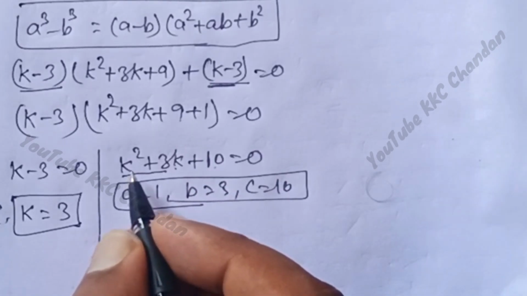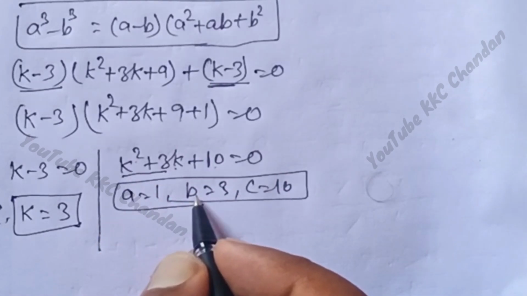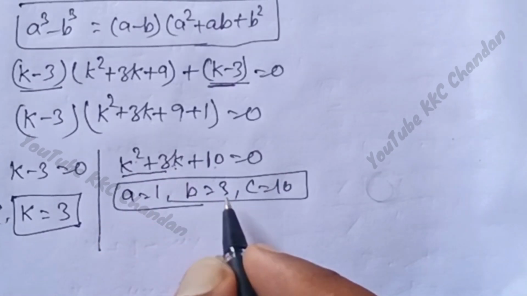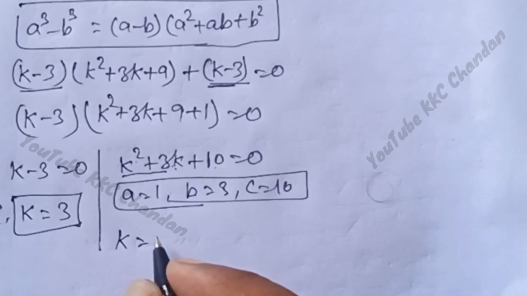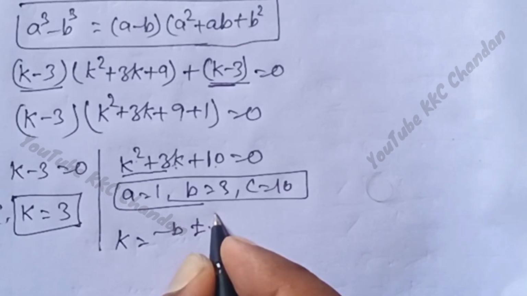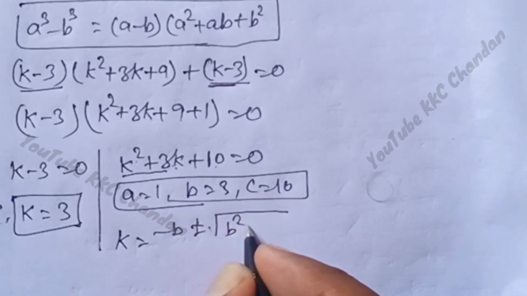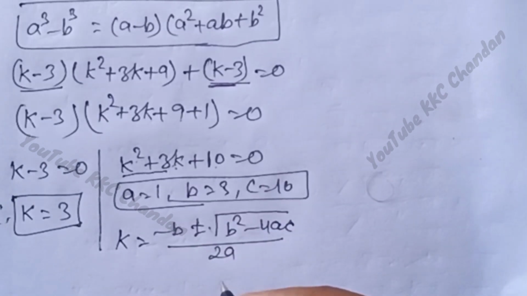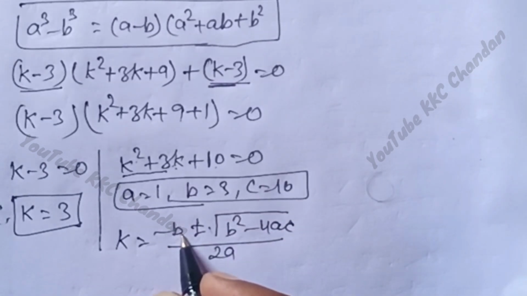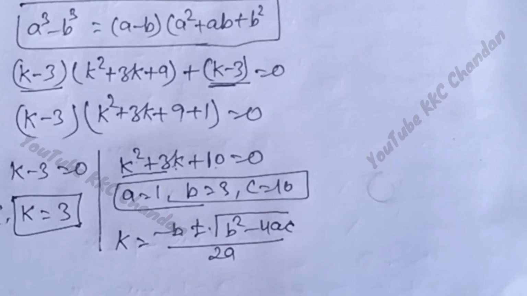So a means k square value 1, b means 3k means 3, c means 10. The quadratic formula is that k is equal to minus b plus minus root under b square minus 4ac divided by 2a. Put the values in place of b, a, c.